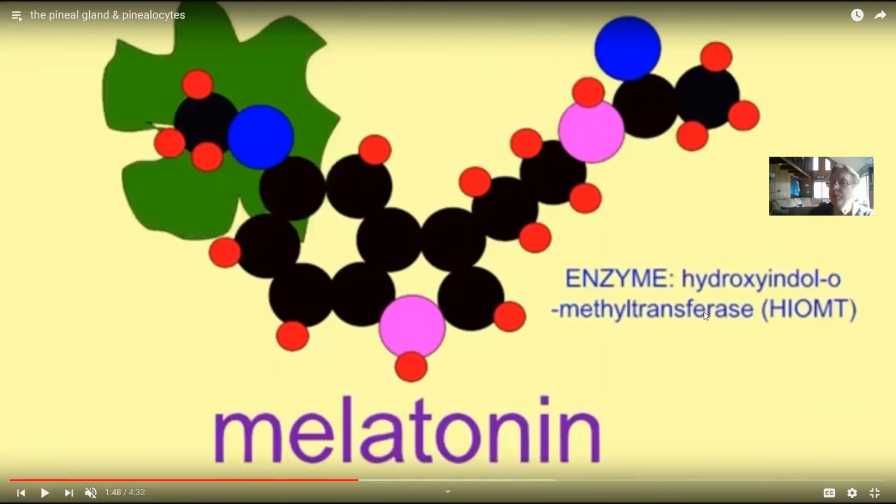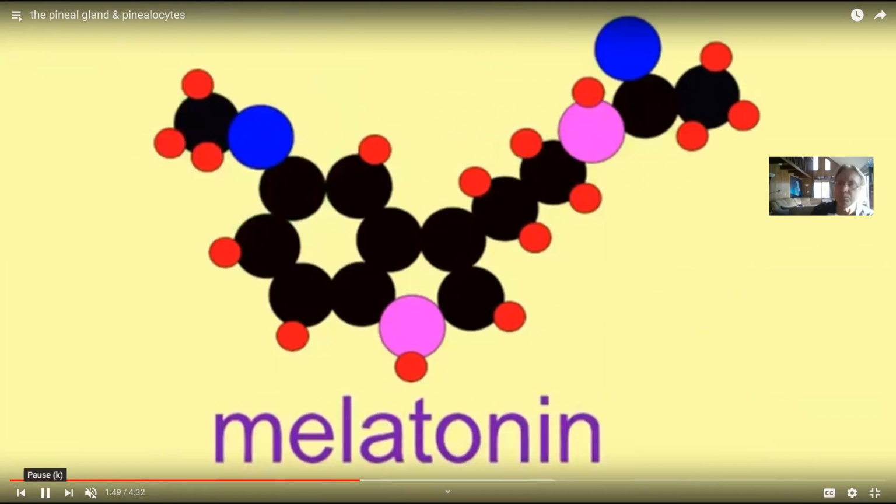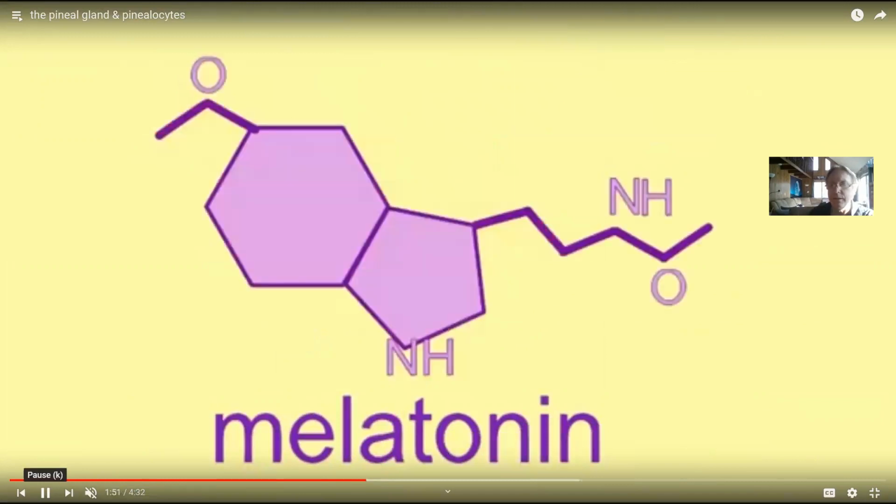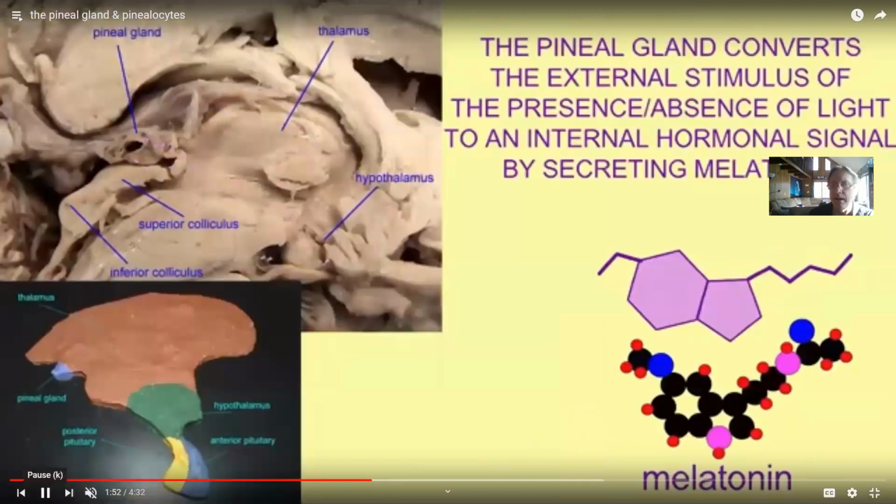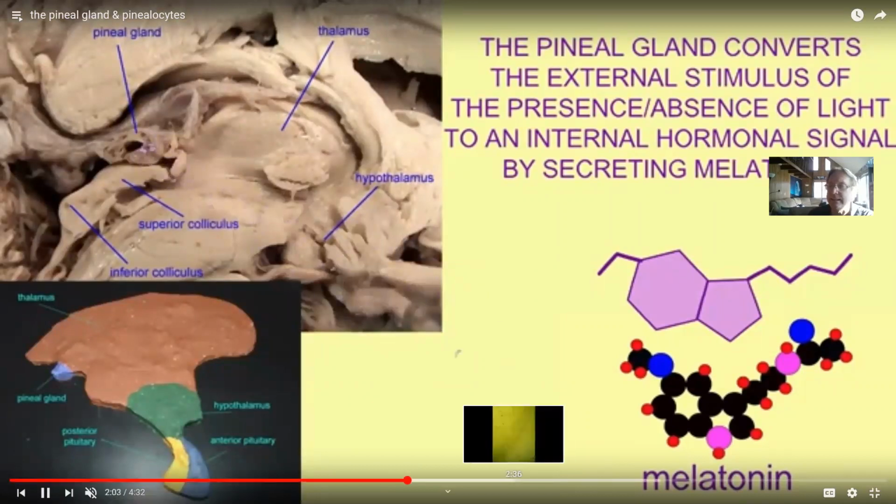And the neurons which do this are making the appropriate enzymes which perform specific steps in this pathway to take this precursor and then change it into the next molecule. So melatonin being released from the pineal gland can then be a signal which goes all throughout the body and tells the organs of the body that it is light, it is dark, etc. So once again, an external signal has been converted to an internal signal.